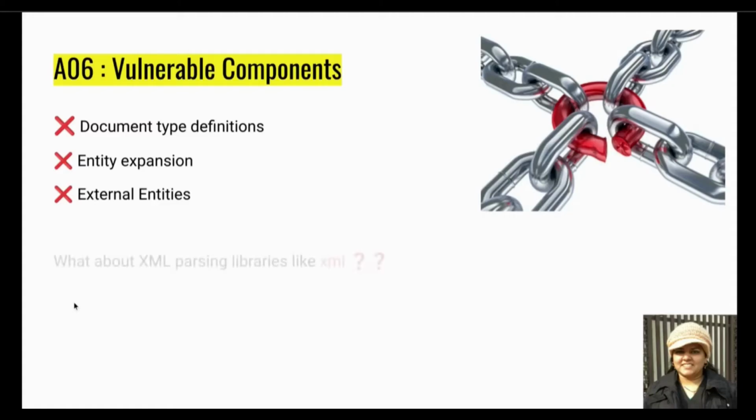Also, it is important to note that the XML parsing library, that is XML, is widely used and it has known security vulnerabilities with devastating repercussions. So how to mitigate this, because XML is used a lot when we are dealing with third-party responses? It is recommended to use two other parsing libraries instead wherever possible.